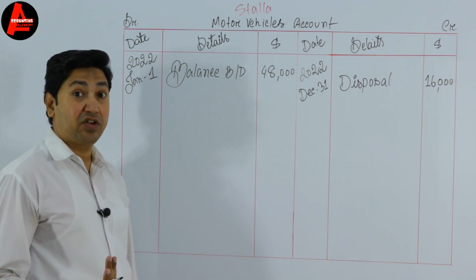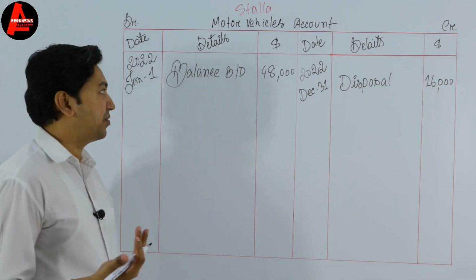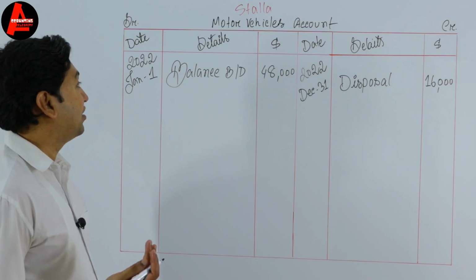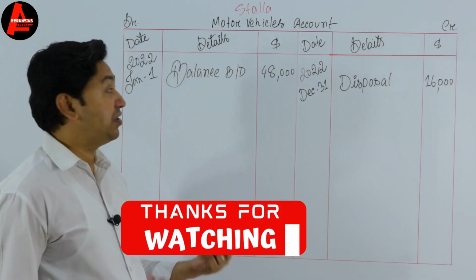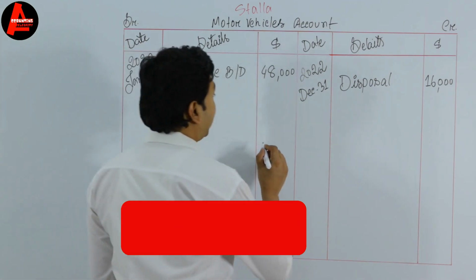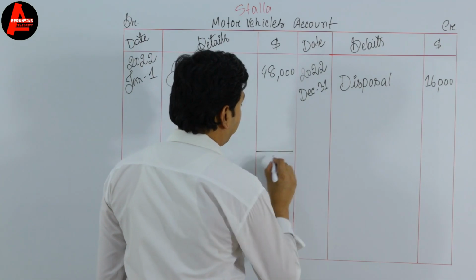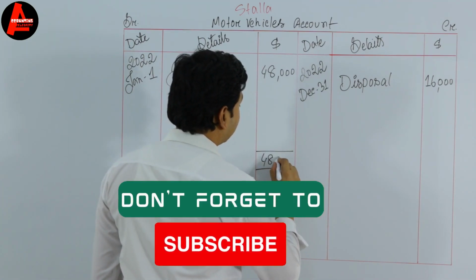Now it is a requirement of the question that we need to balance it. You know, the balancing part is quite simple, very easy. We have to compare the debit and credit columns and check which column is greater. We see here the debit dollar column is greater. We have here $48,000. So if we sum up here, we get $48,000.